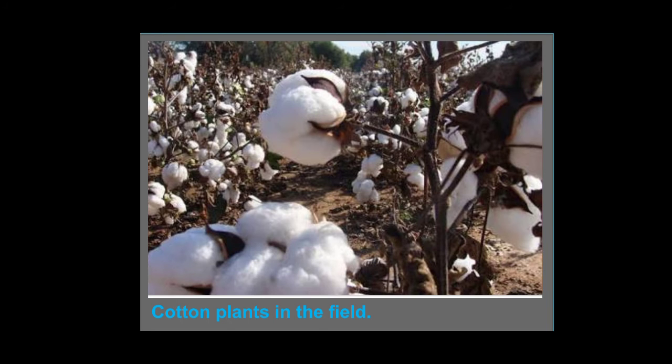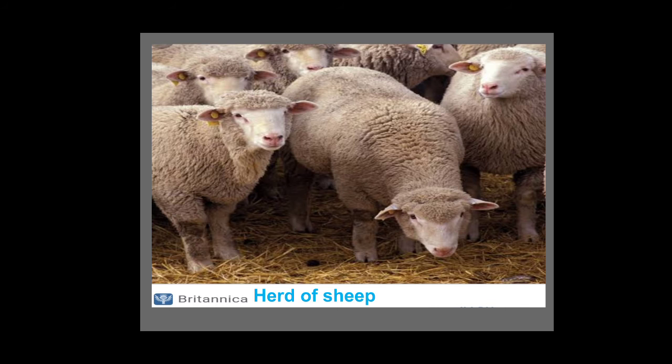Here you can see the cotton plants in the field, and these are the cotton balls. A farmer will collect the cotton, and after processing they make the fiber. Here you can see a herd of sheep. Sheep wool can be trimmed and collected by the harvester, and after processing it can turn into yarn.